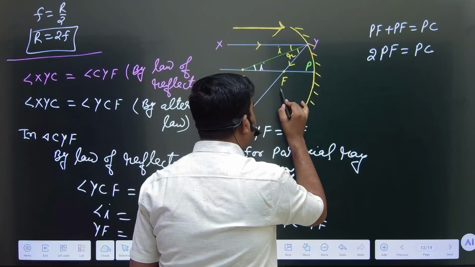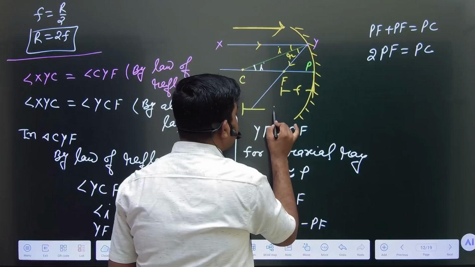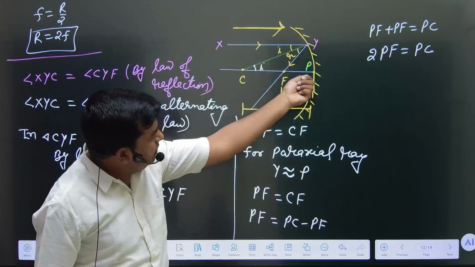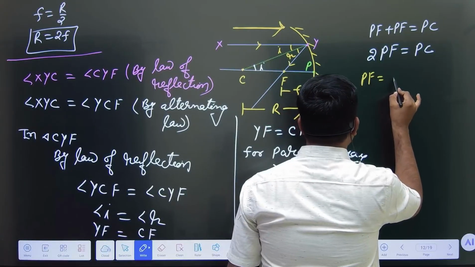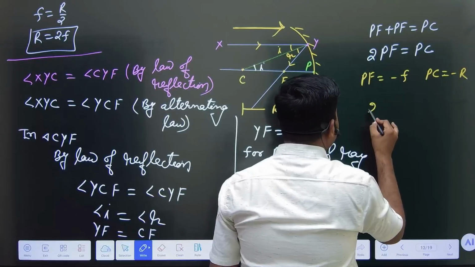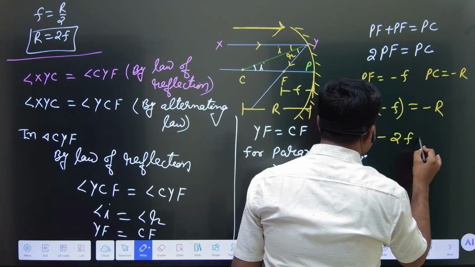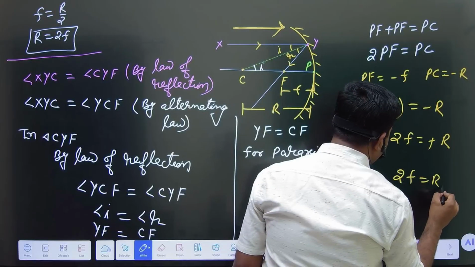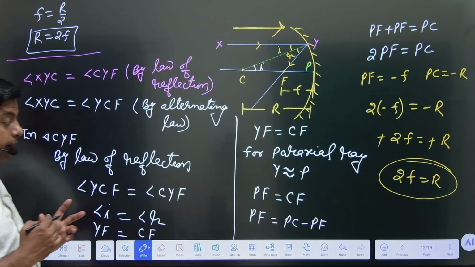The distance between pole and focus is called focal length, and the distance between pole and center of curvature is called radius of curvature R. So PF is equal to minus F and PC is minus R. So minus 2F is equal to minus R. The minus signs cancel, so we can say that 2F equals R. This is the relation between focal length and radius of curvature for a spherical mirror.